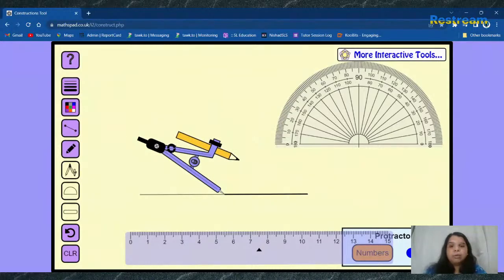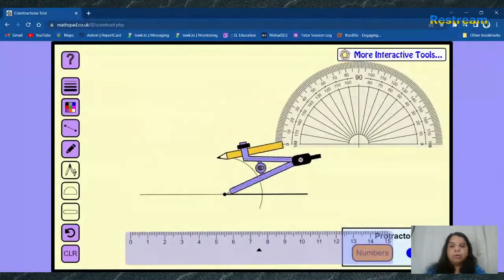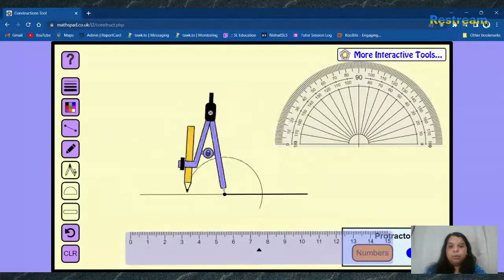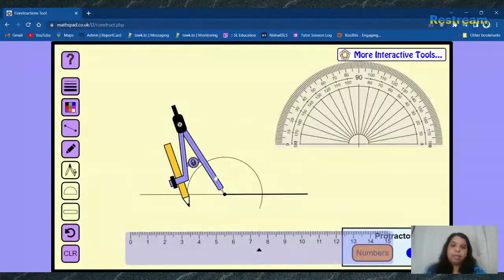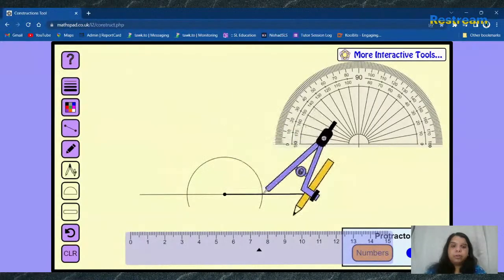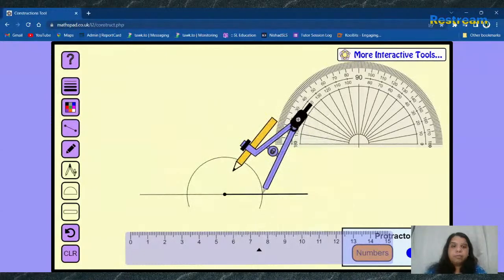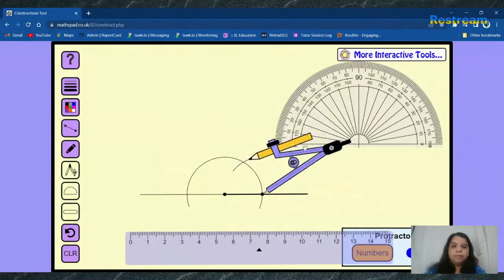Now, same thing, I'm going to draw an arc, but this time my arc is going to be more complete, 180 degrees, and then I'm going to start from here. Okay, and I'm going to draw my first arc. My first arc is going to be here.